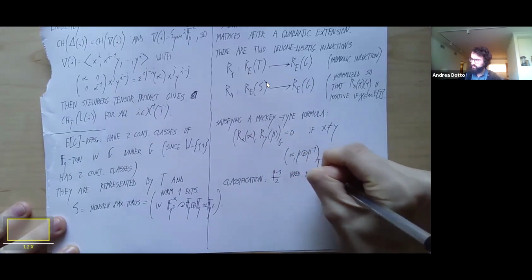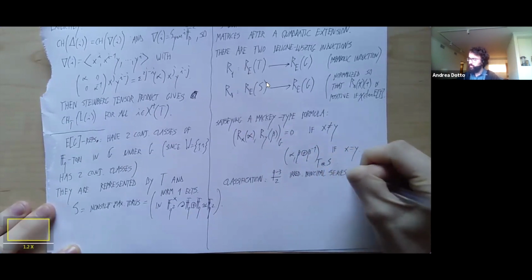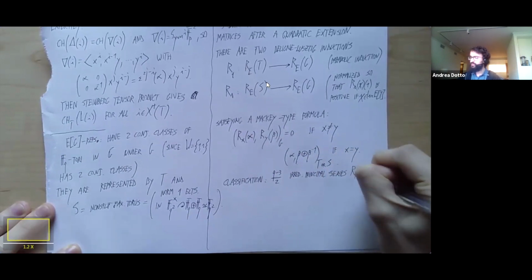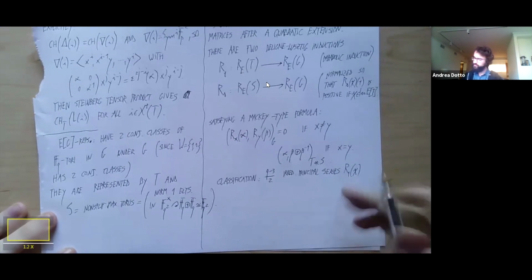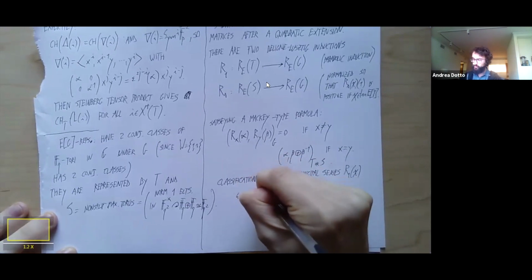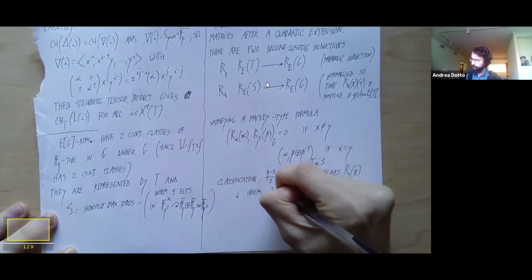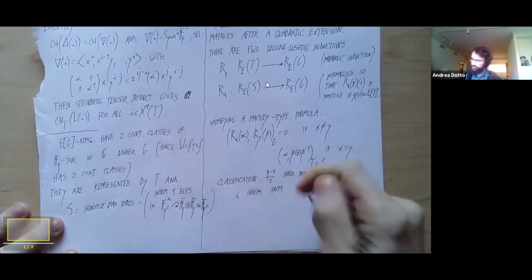By an irreducible principal series, of course, I just mean representations of the form R_T(χ), with the assumption that this is actually an irreducible character. Then you get 4 irreducible representations from the reducible ones. So you get the Steinberg, the trivial, and 2 more representations.